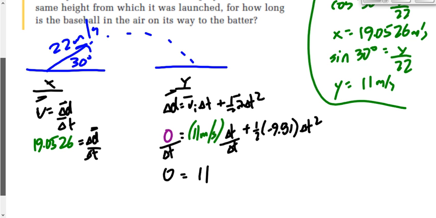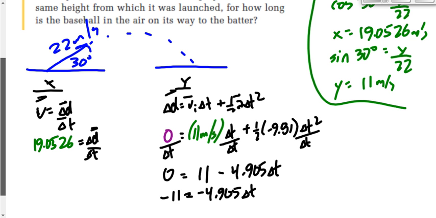Half of negative 9.81 is negative 4.905. t squared divided by t is t. That looks a lot better, right? Divided everything by t. Take the 11 over by subtracting. And then let's say negative 11 divided by negative 4.905. 2.2426.